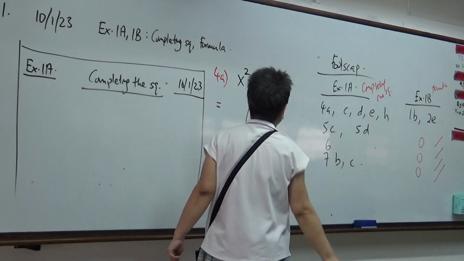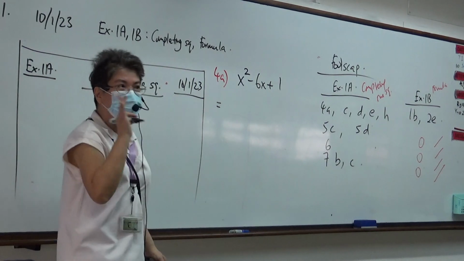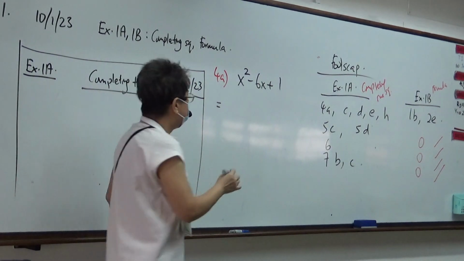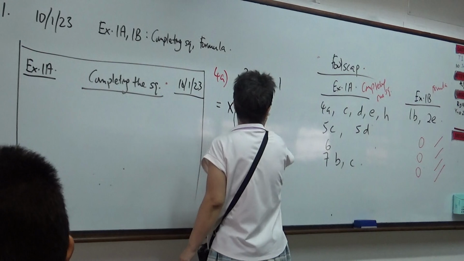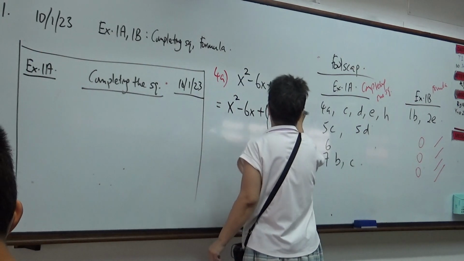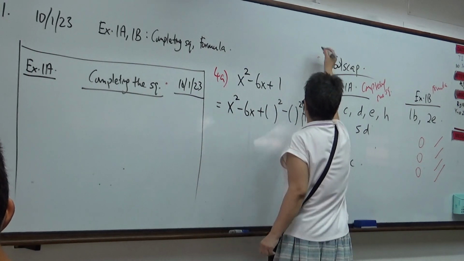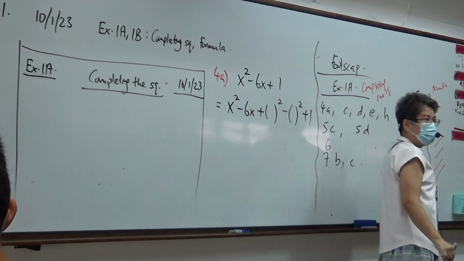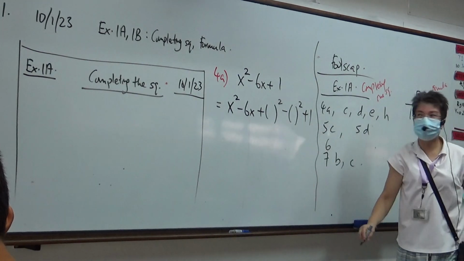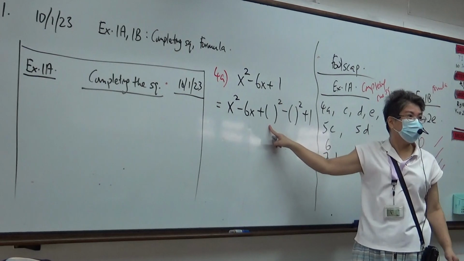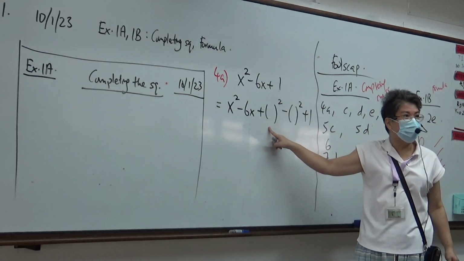Okay. Now, I will do one for you, then the rest will continue. Understand? So, this will be x squared minus 6x plus something squared minus something squared plus 1. Okay. Now, this is a very easy one. What is this something here?